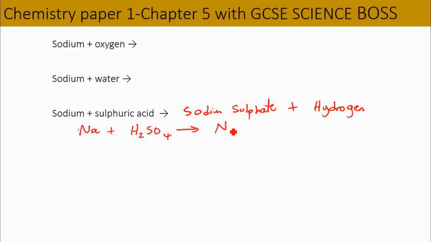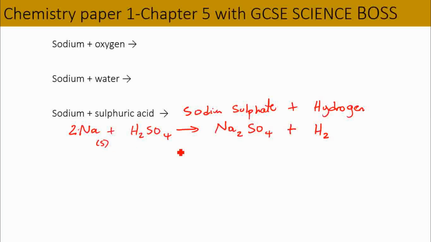It will form Na2SO4 because sulfate has a 2- charge. If you're not sure how to do the formula writing, please check out my video for formula writing. And hydrogen, H2. So again, this is not balanced, so we're going to put a 2 there. 1 sulfate. Everything is balanced.